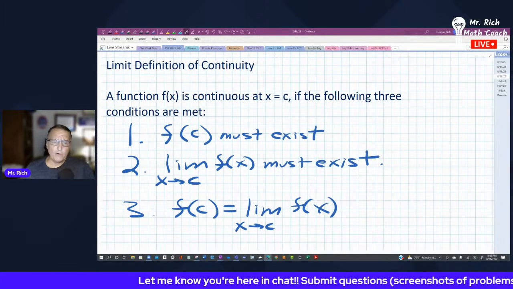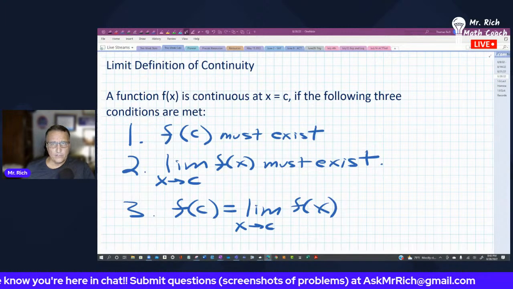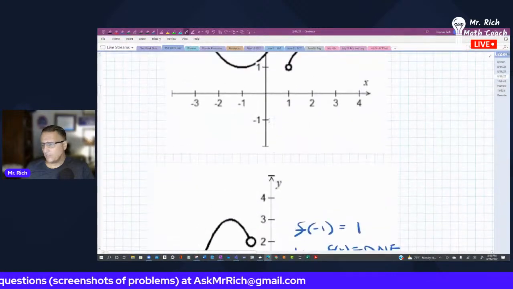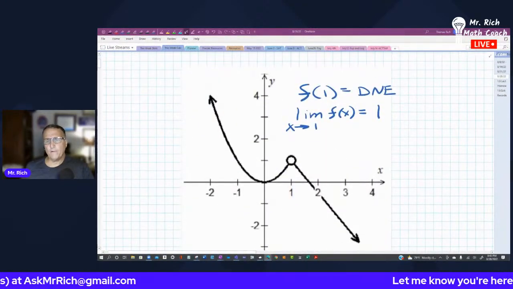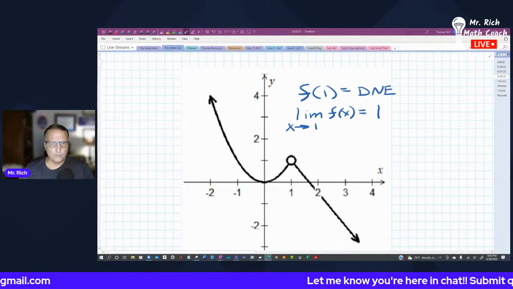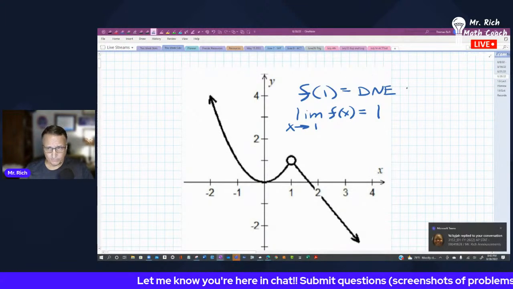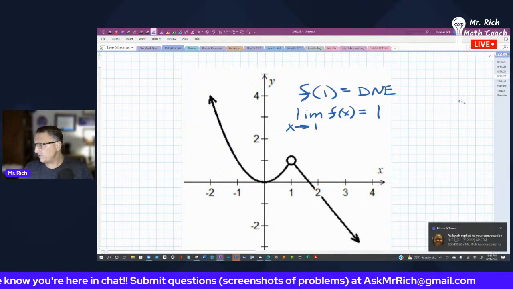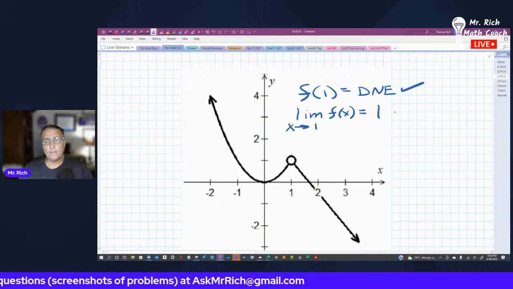So if we go back and check each one of these graphs for these 3 conditions, you'll see that this actually does work. The first one here, well, the first condition was the function must exist. The function does not exist right here, but the limit does exist.